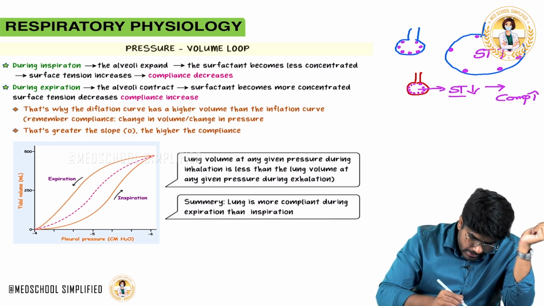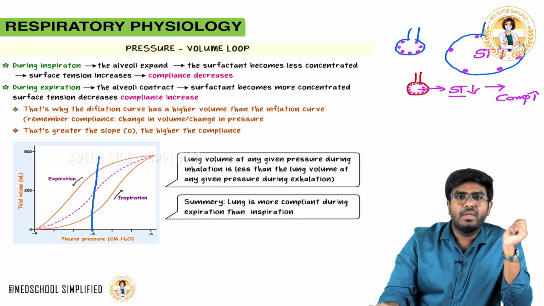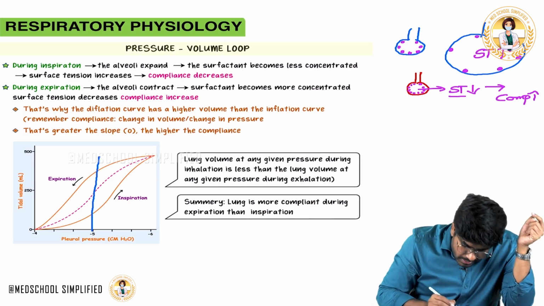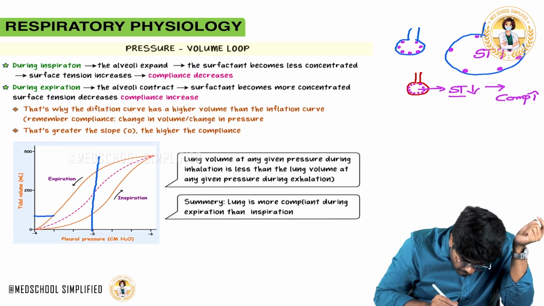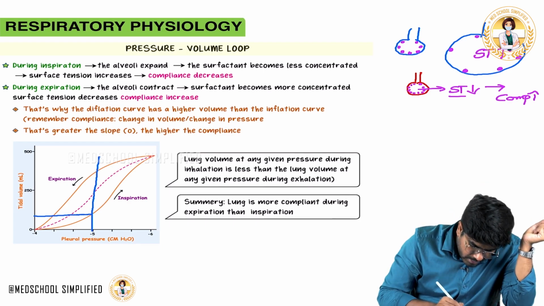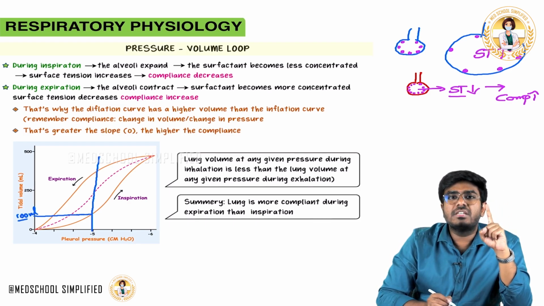What is the volume change happening in the lung during inspiration? During inspiration, the volume change in the lung is somewhere around, for example, 100 ml.